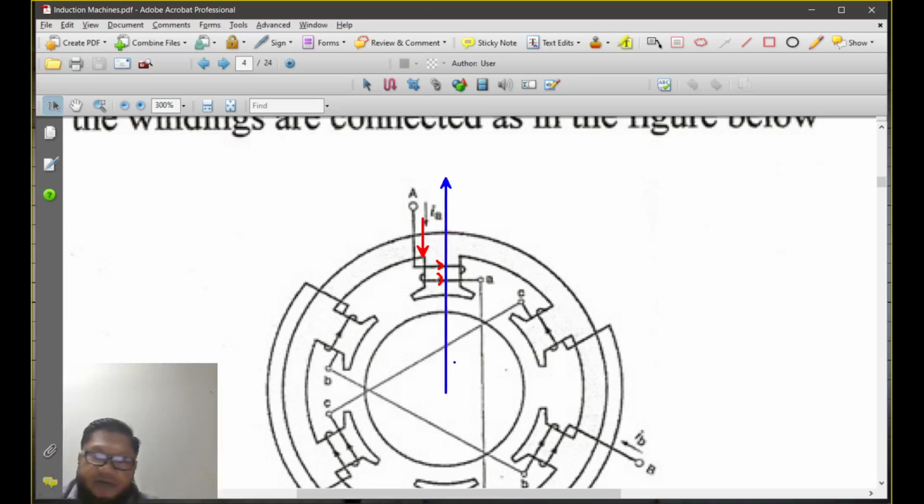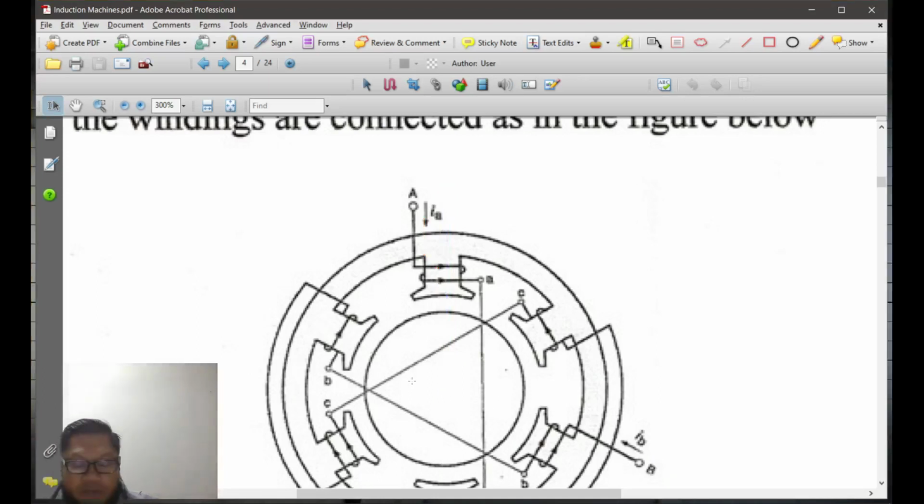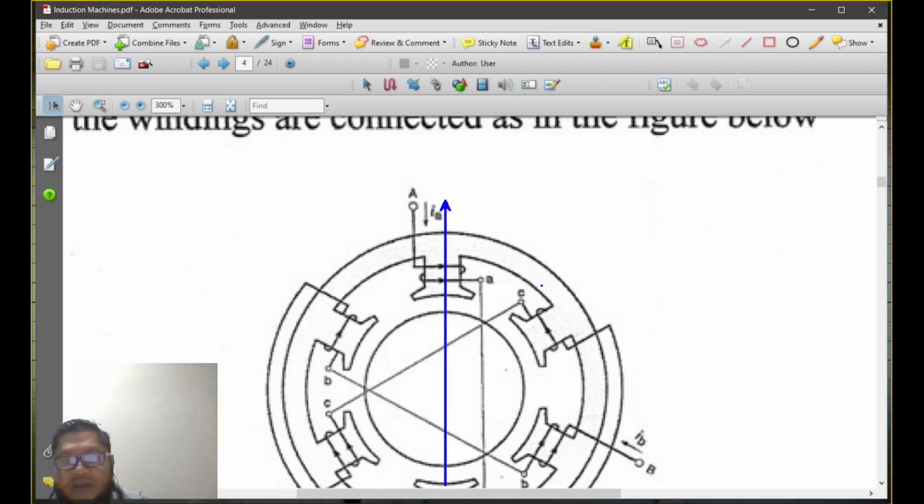With the right hand grip rule, you grab the pole and your thumb will show the magnetic field produced by that pair.